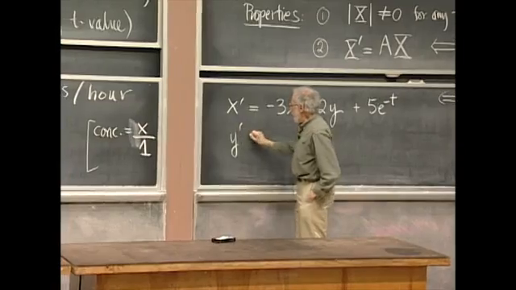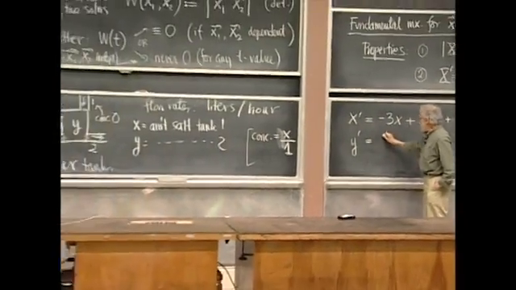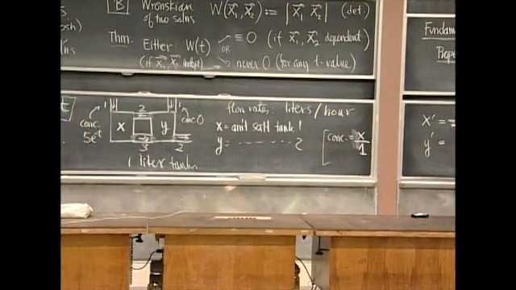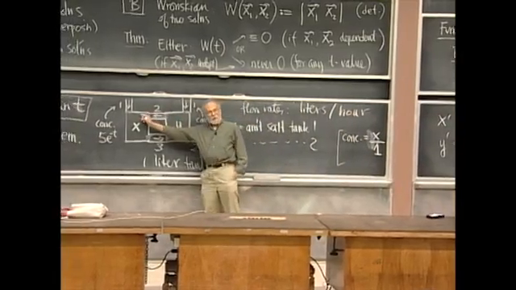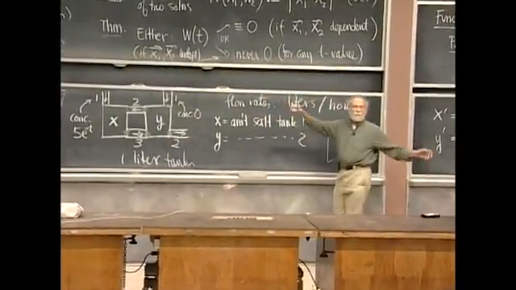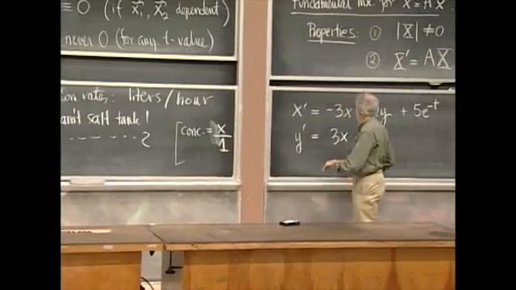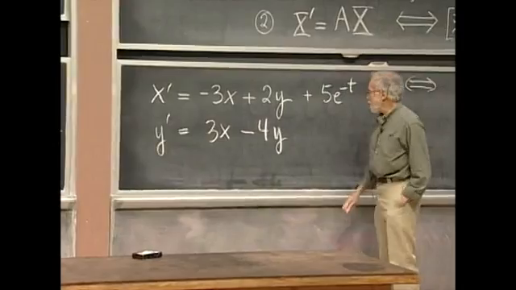Y prime is changing because of what comes in from x. That's 3x. What goes out? Well, 2 is leaving here, and 2 is leaving here. It doesn't matter that they're going out through separate pipes. They're both going out. So it's minus 4, 2 and 2.